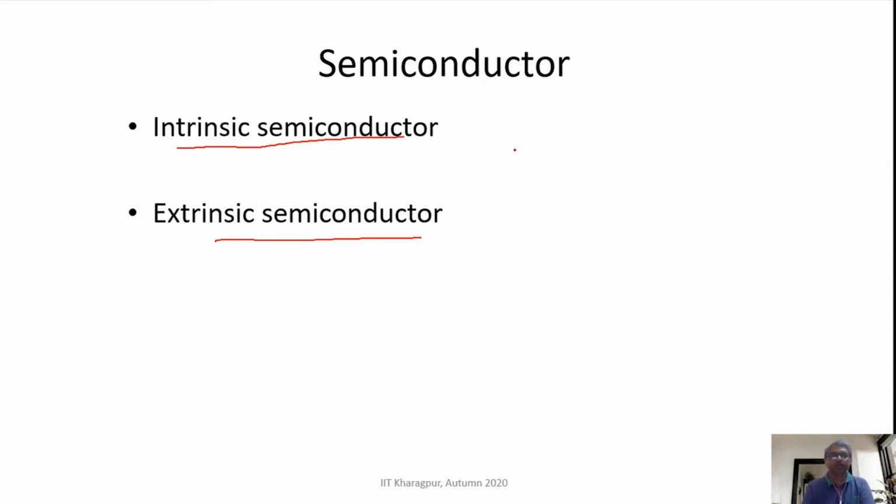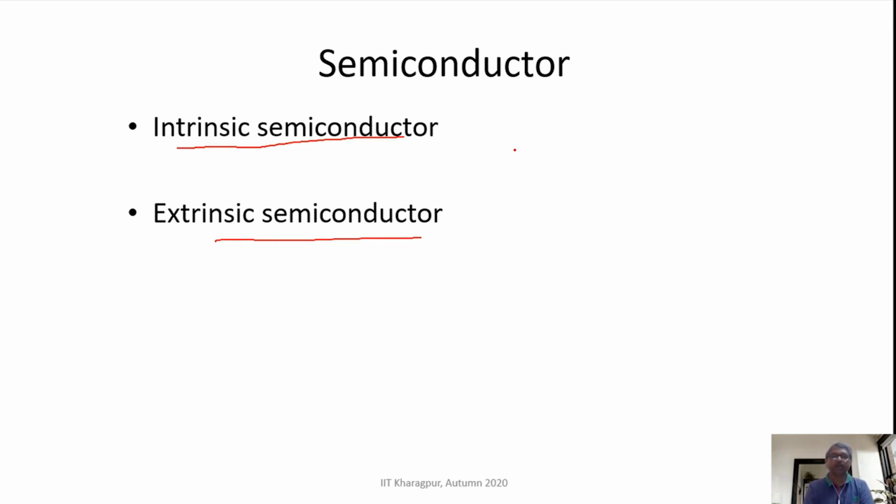In case of intrinsic semiconductor, the carrier concentration Ni, for example in case of silicon, is of the order of 10^10 per centimeter cube at room temperature. What about extrinsic semiconductor? If we incorporate impurity in the semiconductor, that will be extrinsic semiconductor.